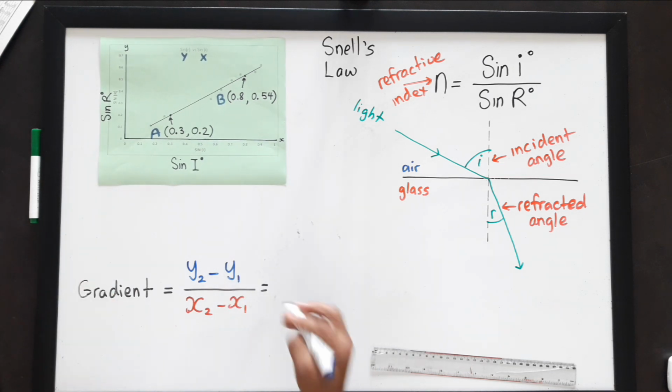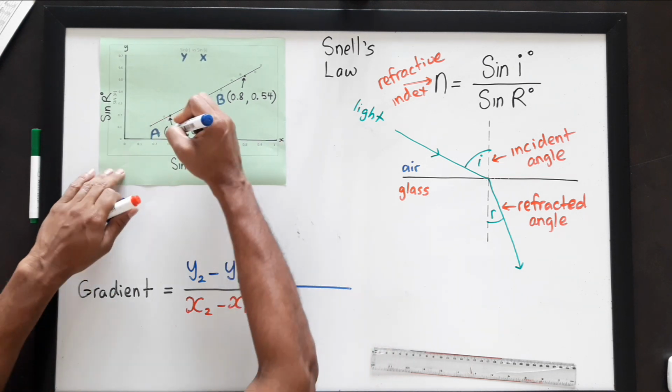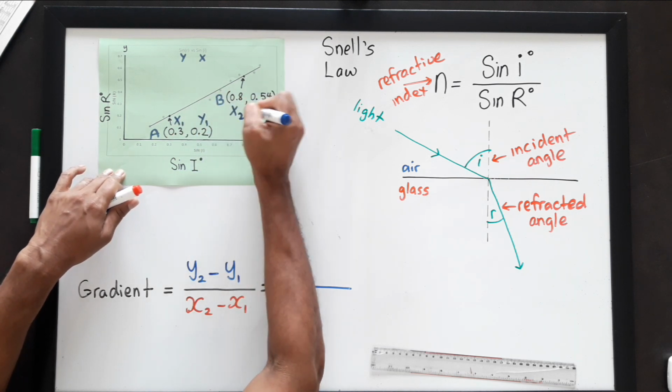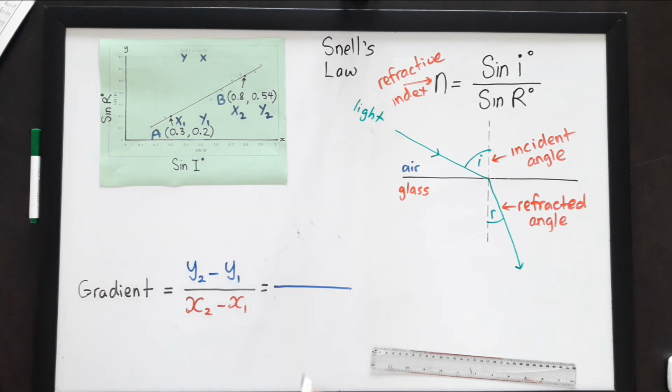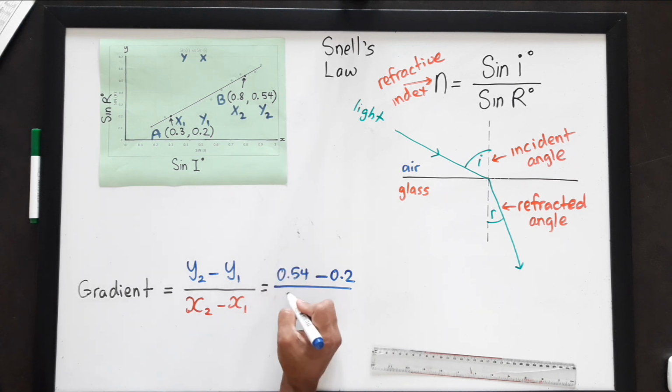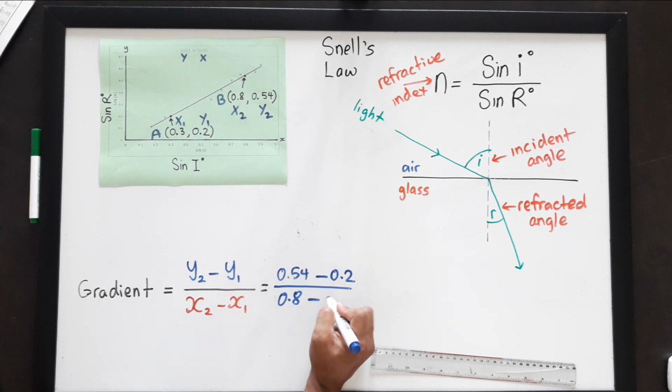All right, to calculate the gradient of this line, well, point A, x1, y1, x2, and y2. Let's calculate it. y2 is 0.54 minus, how much is y1? 0.2. x2 is 0.8 minus x1, which is 0.3.